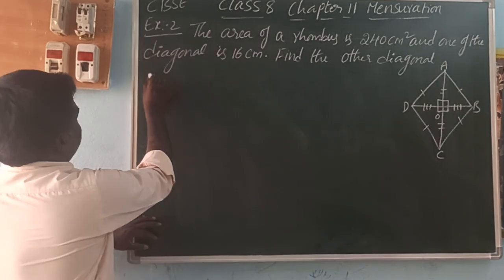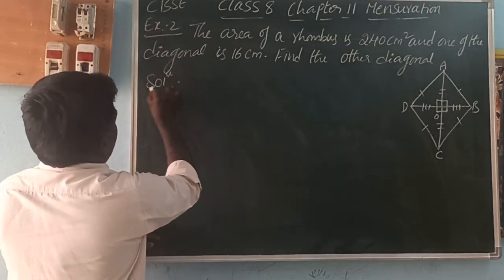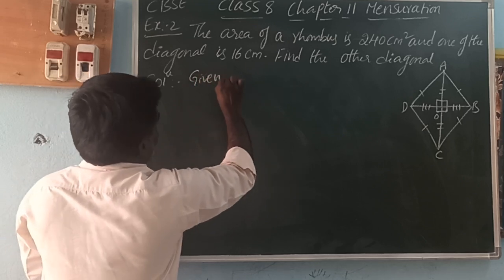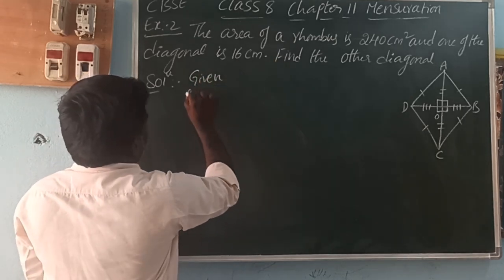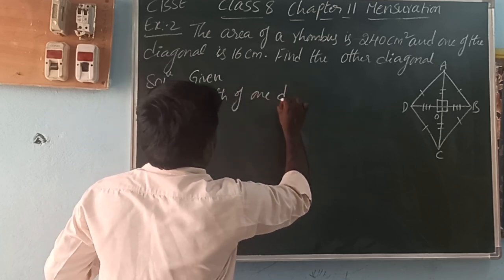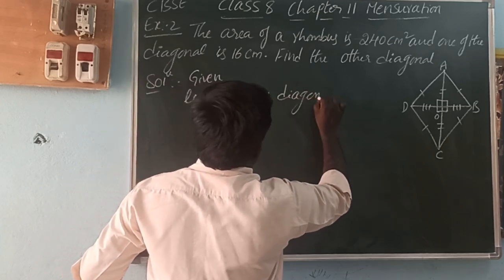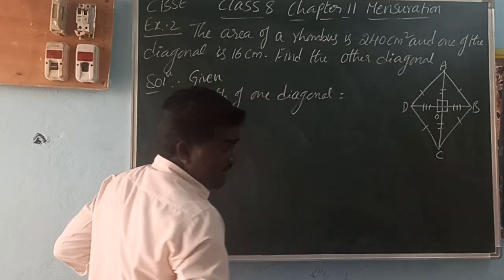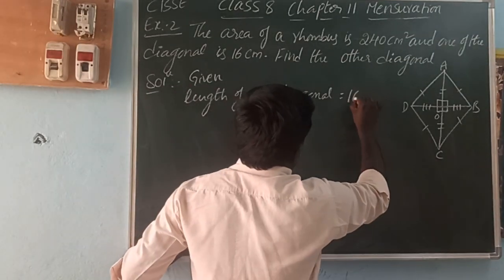So here, given the length of one diagonal. How many diagonals are there? Two diagonals in a rhombus. In this, one diagonal is 16 centimeter.